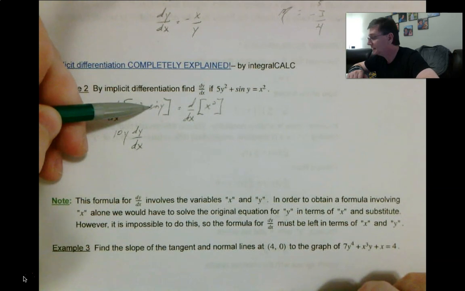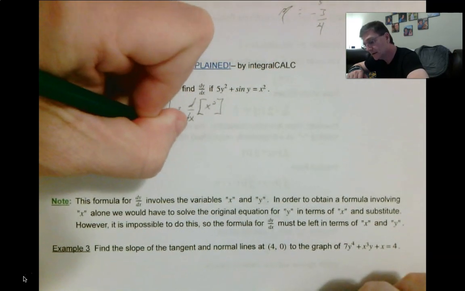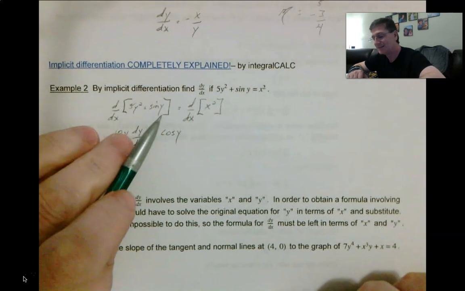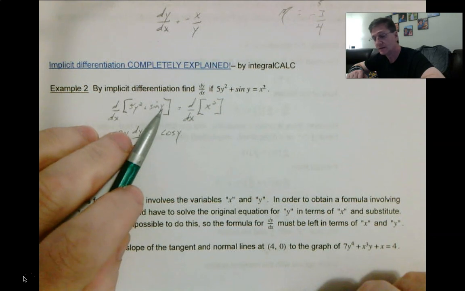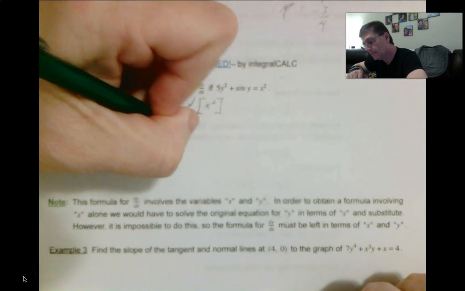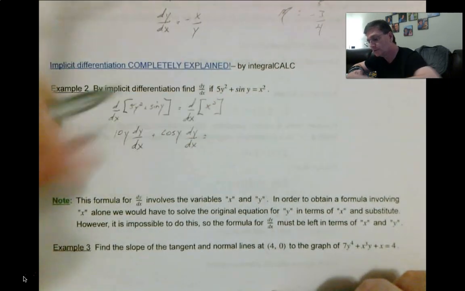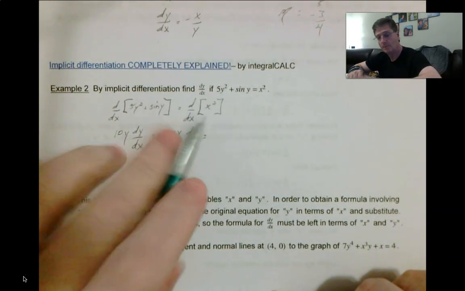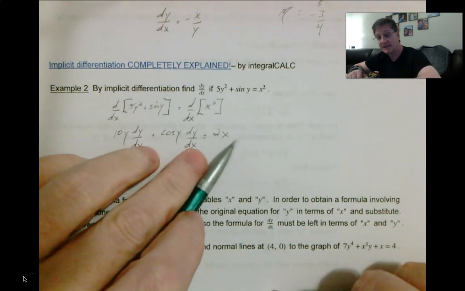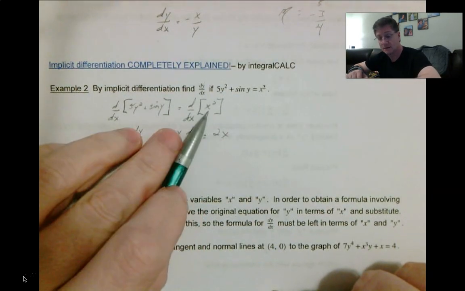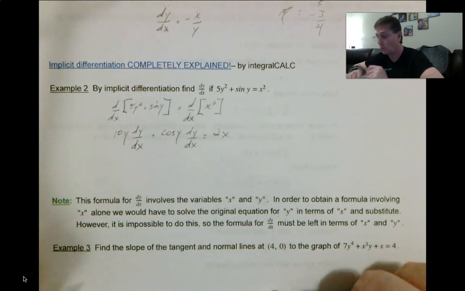Derivative of sine is cosine, plus cosine y times the derivative of the inside function, which in this case is y, dy/dx, equals power rule, 2x times d/dx of the inside function, which was x, which is just 1.